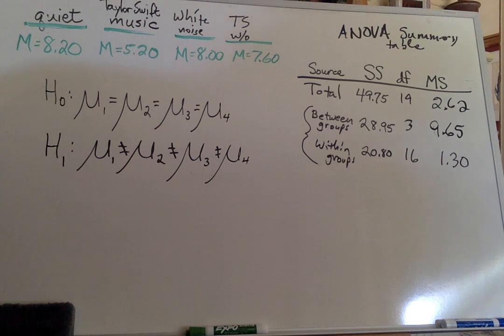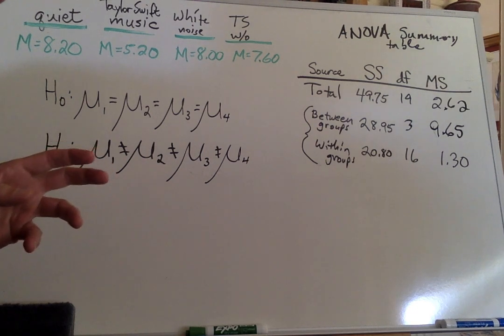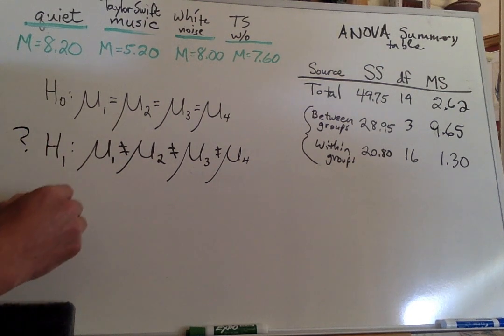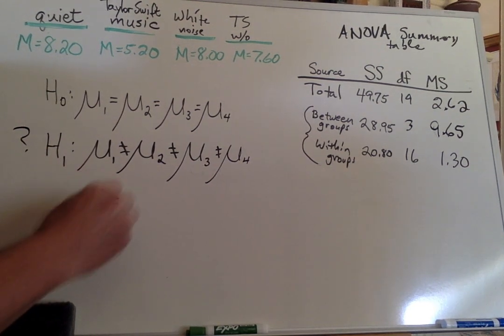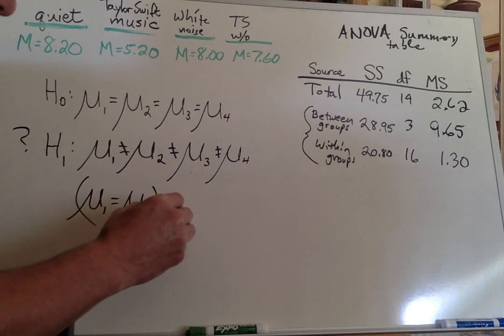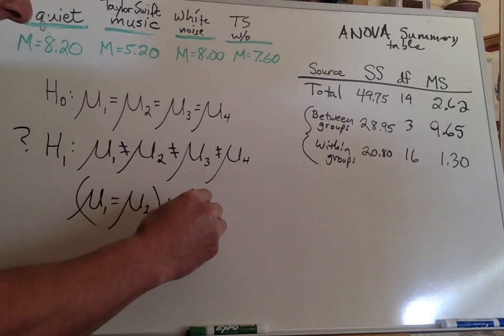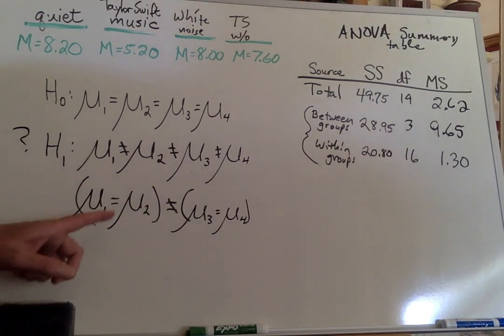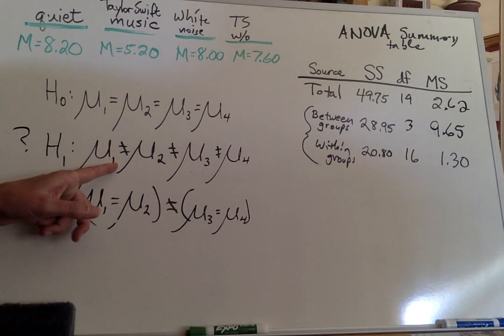But if we use these 2 hypotheses, we actually have not exhausted all possibilities, because another possibility for the alternative would be that groups 1 and 2 are equal, but they are different than groups 3 and 4, which are equal. So this is different than this.